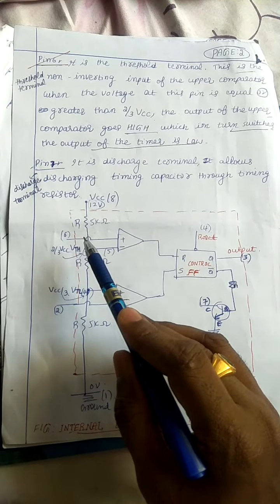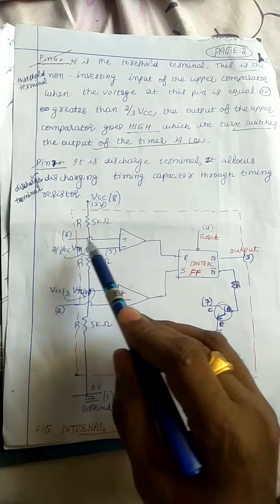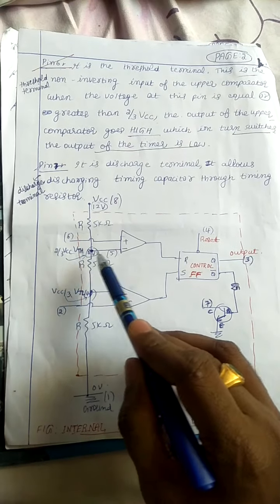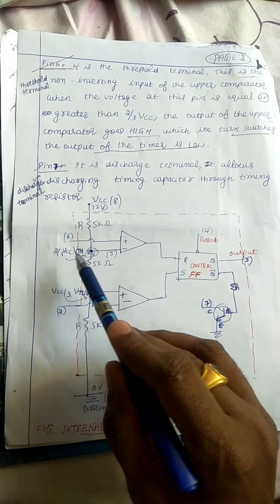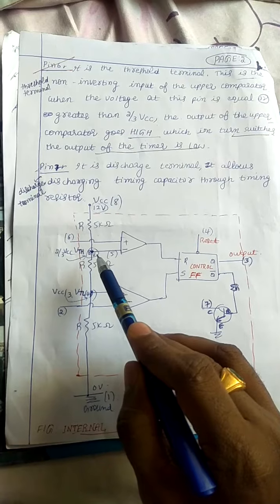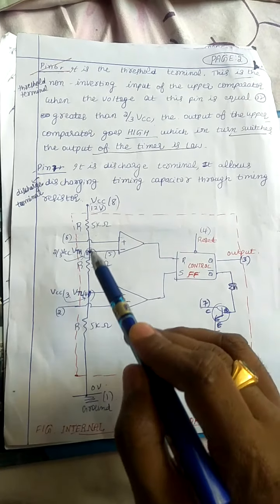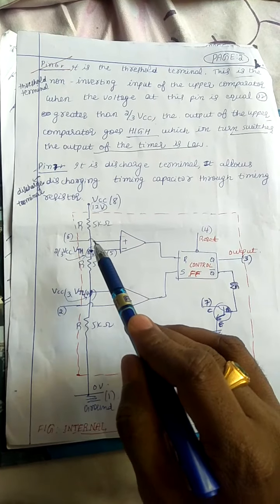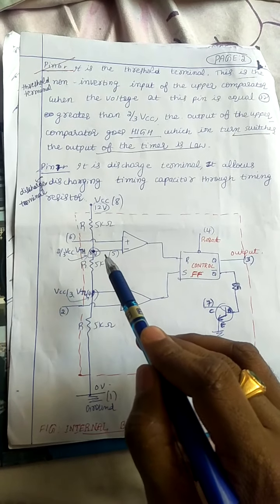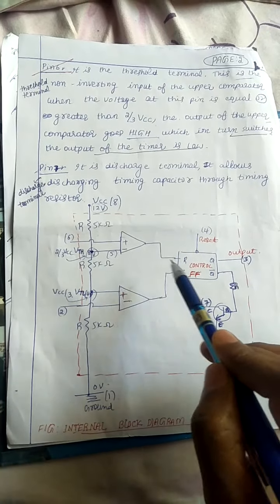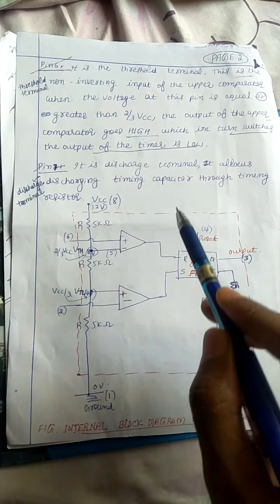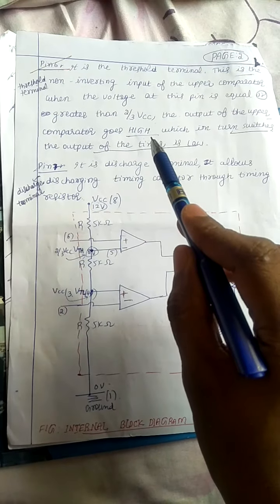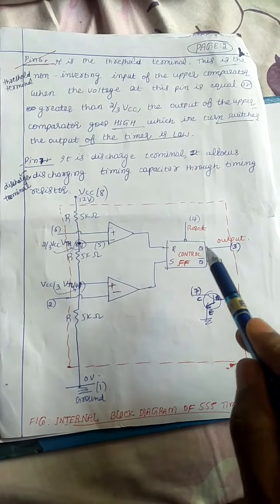If the voltage at this point is greater than 2/3 of VCC, that is 8 volts, if VCC is 12 volts, then 2/3 of VCC means 8 volts. If the voltage at this terminal is greater than this one, then the output is high, which turns the timer to low.